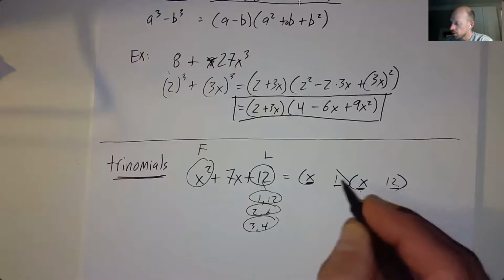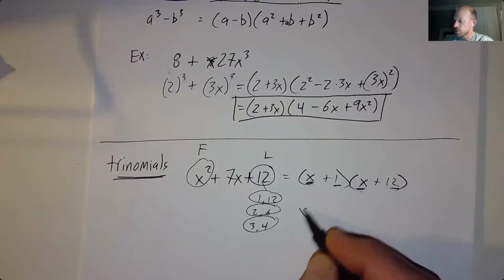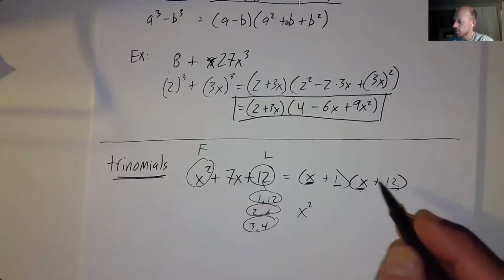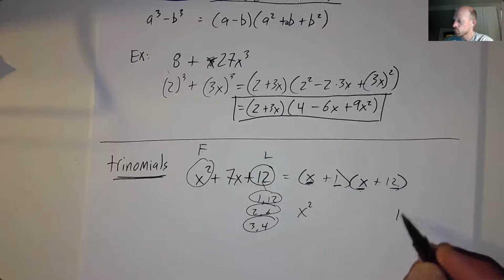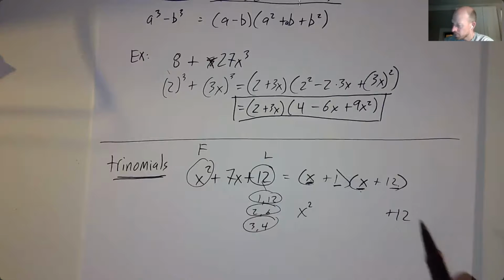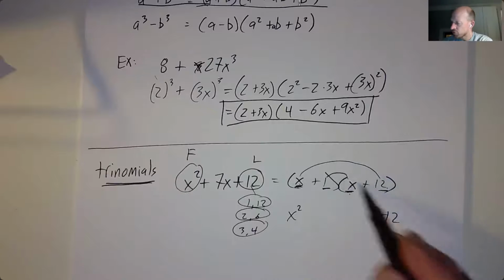I'll put in +1 and 12 and see what happens when I FOIL that together. I get x times x, which is x squared. That's just what I thought was going to happen. And the last term is 1 times 12, so that's 12. That's also what I thought was going to happen. I also get the outer terms and the inner terms.